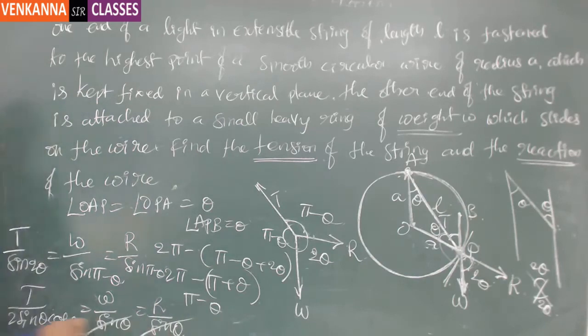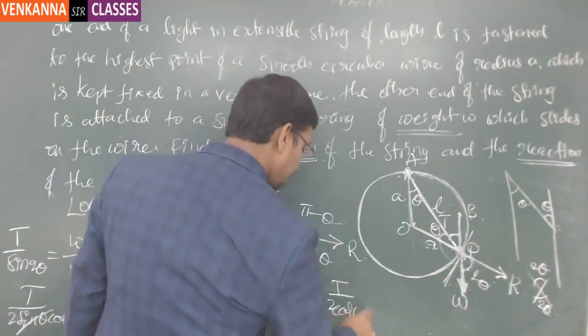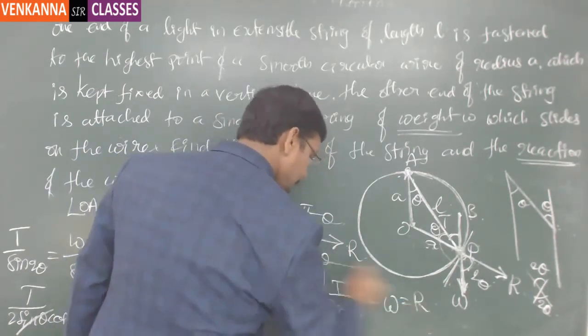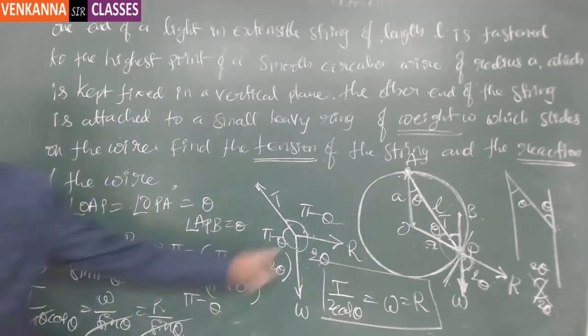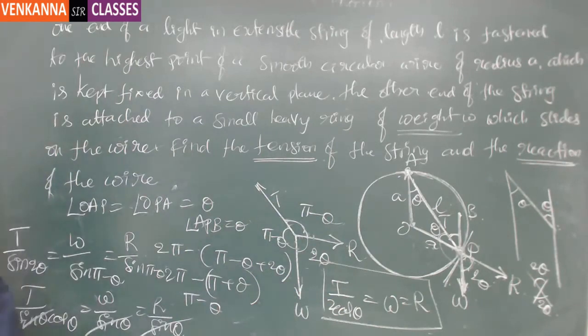This sine theta, this sine theta, this sine theta will cancel out. Got it? From this, you can further simplify as T by 2 cos theta is equal to W is equal to R. You note down till this point, then we can express into the known values of this theta. Got it? Noted down?